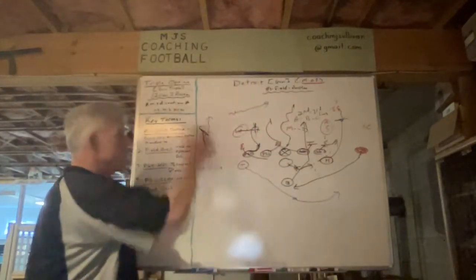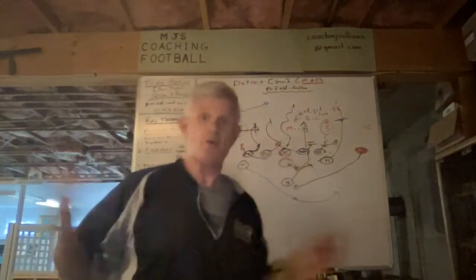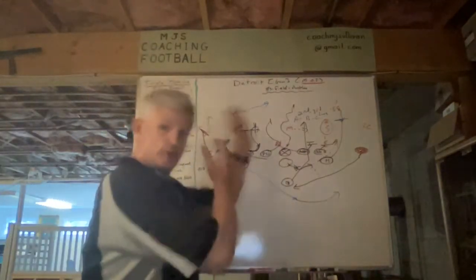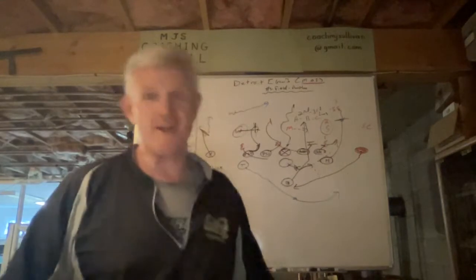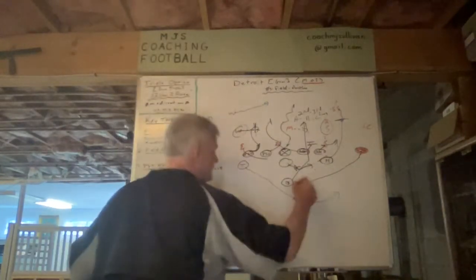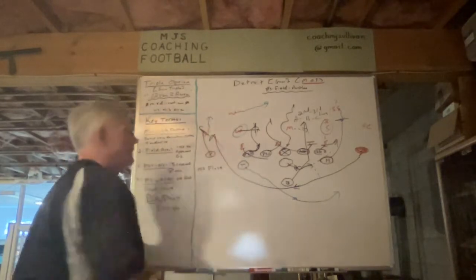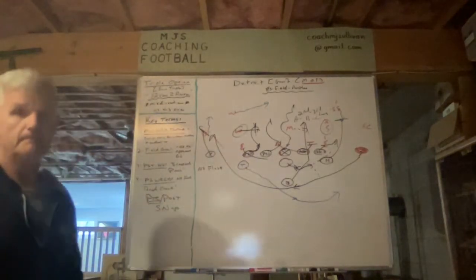Okay? And that's most likely what's going to happen because that's why we're running the play. Okay? We know they're going to do this, which is why it's in our game plan. And then the wide receiver catches the pitch and runs to daylight. Okay?